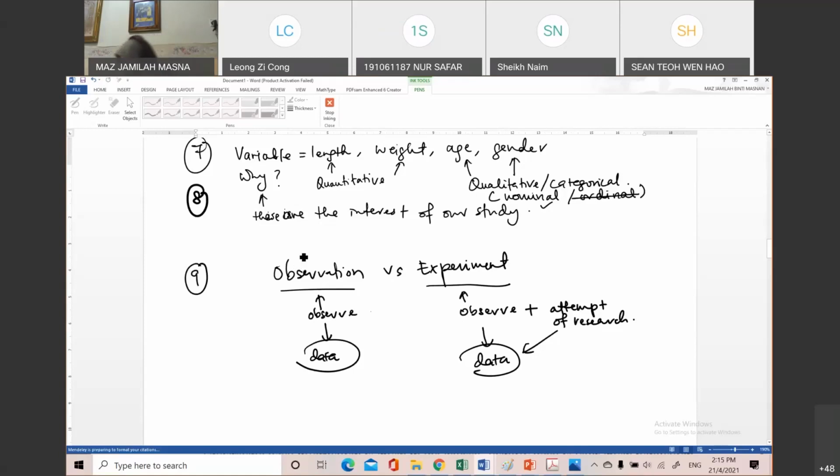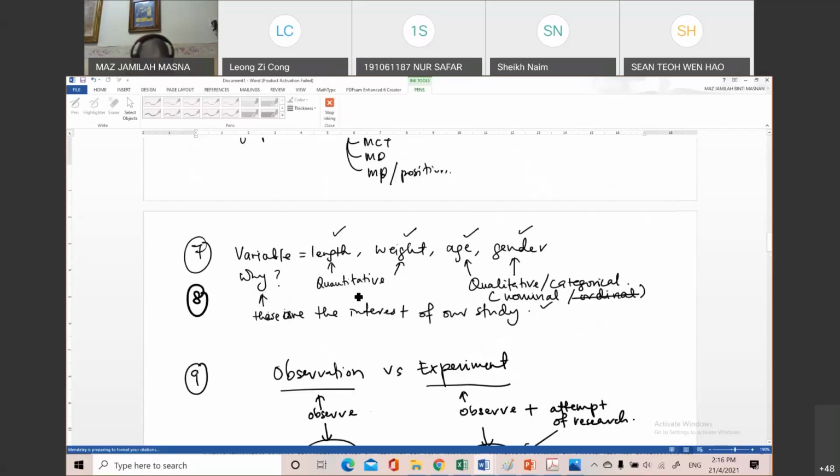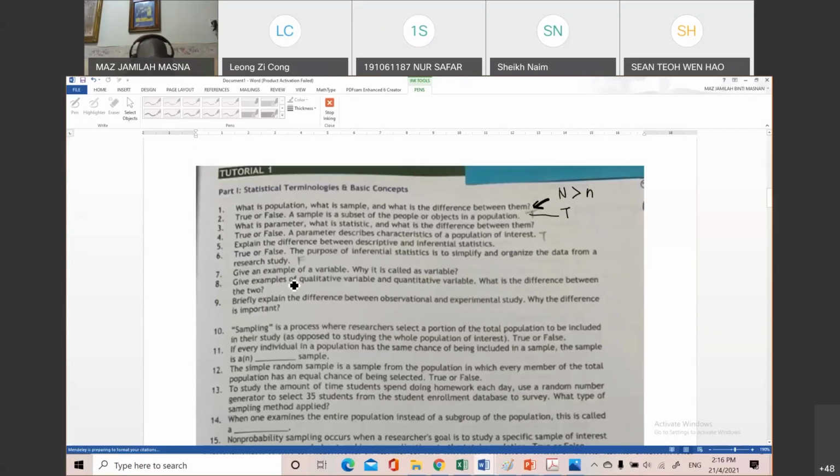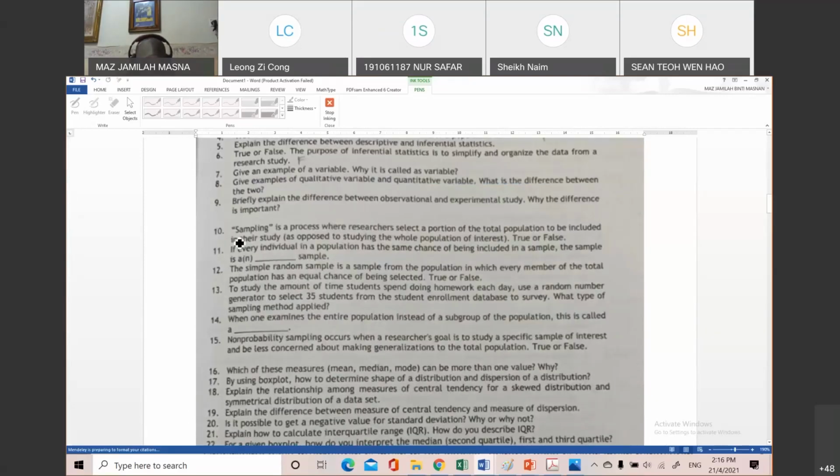Now, number 10. Sampling is a process where researchers select a portion of the total population to be included in their study as opposed to studying the whole population of interest. True or false?